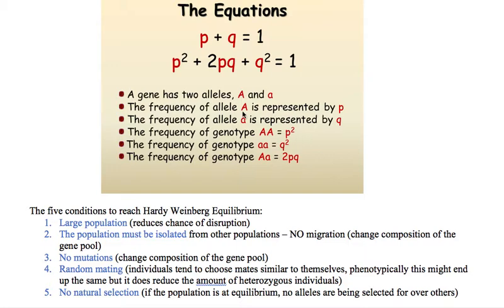So if we are looking to identify the frequency of an allele, we're actually going to be looking for just p. However, if we're looking for the frequency of genotypes, so that's when we're talking about the homozygous dominant, recessive, and heterozygous, that's when we're looking for squared. So to find homozygous dominant, big A, we're looking for p squared.